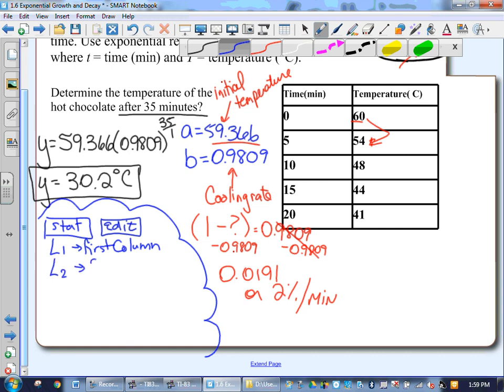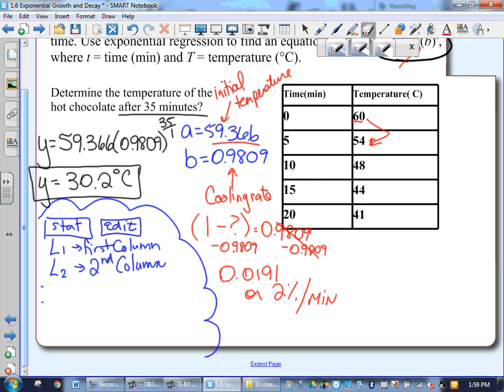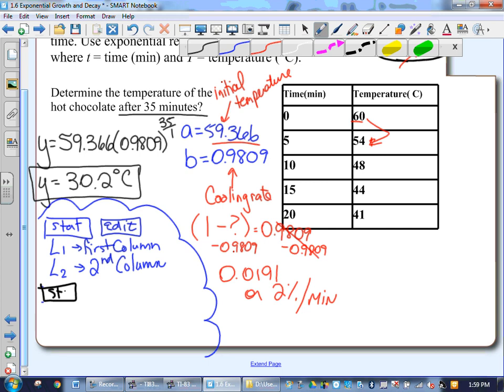And then to do our calculation, we press Stat, Calc. For me it was 0, but it should be exponential regression for X reg. So if it gives you a table, utilize it.